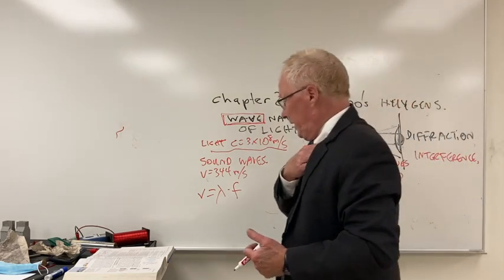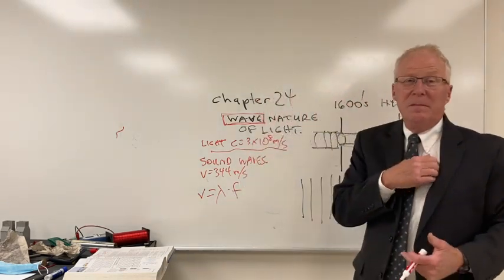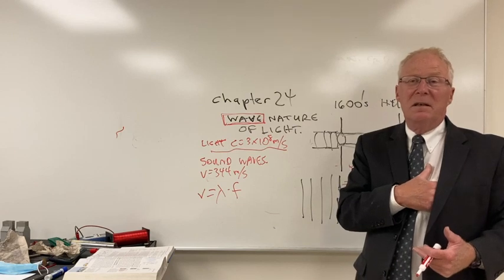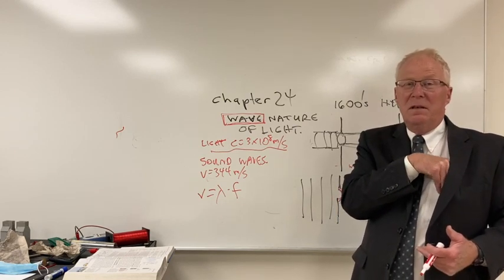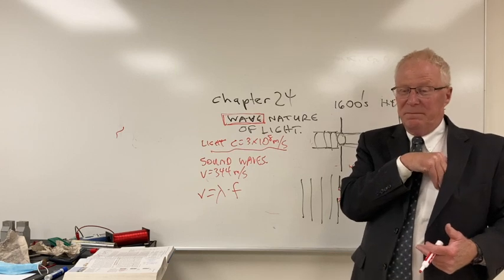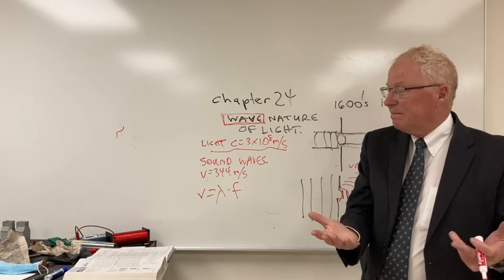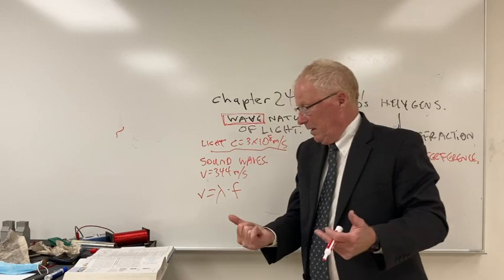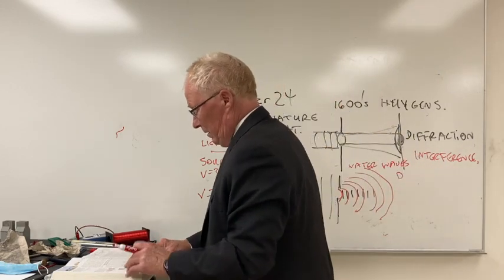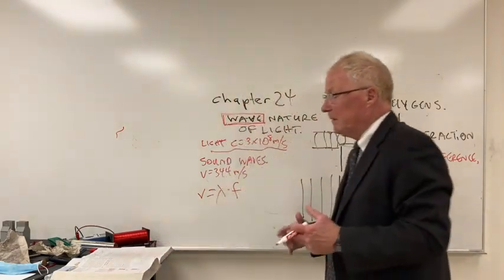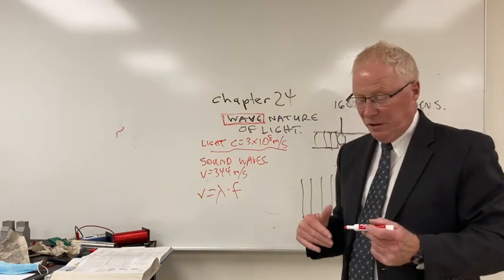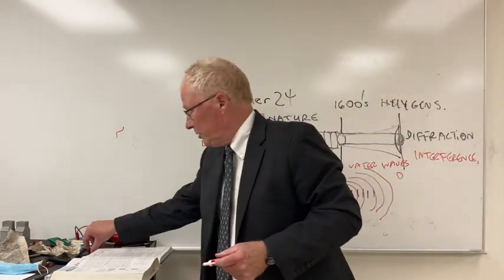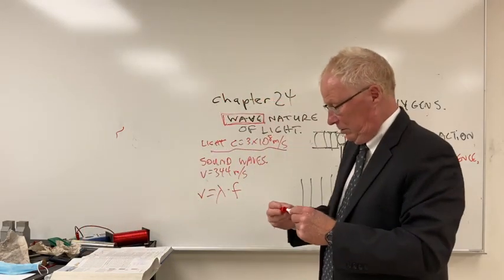I've done the lab part with this, and I'll give you a couple examples here of diffraction, and then we'll go on to there. So let's look at some examples we call double slit interference, and I'll do a couple demonstrations with the actual lasers.